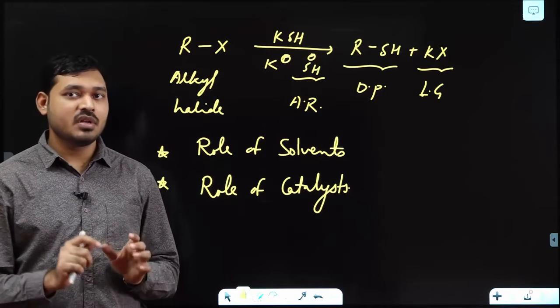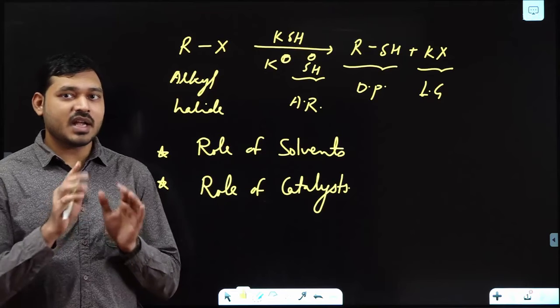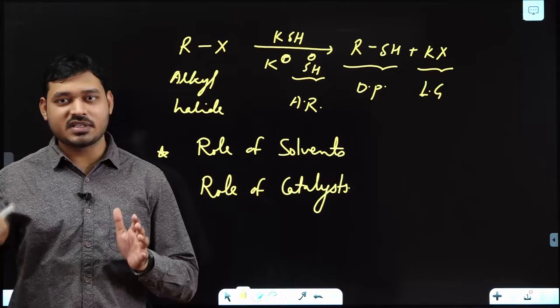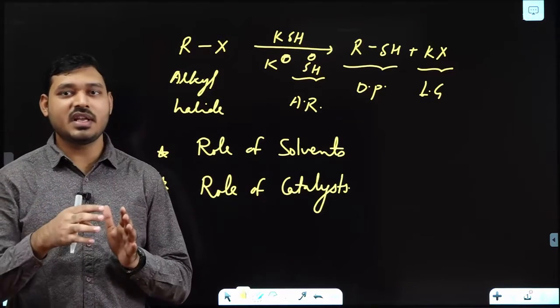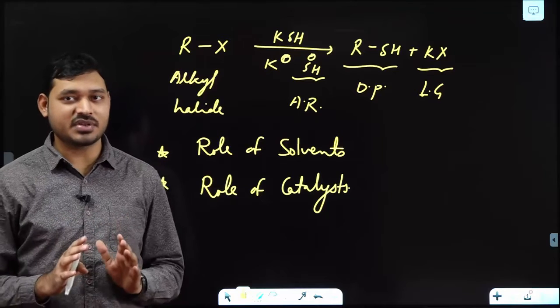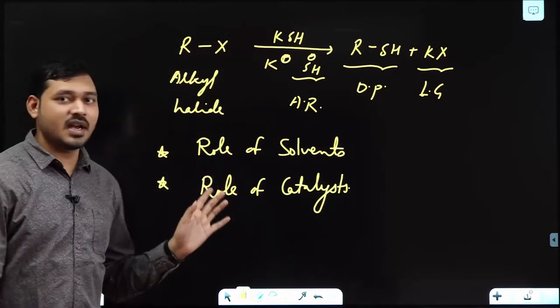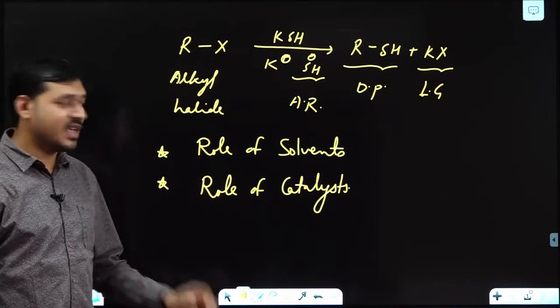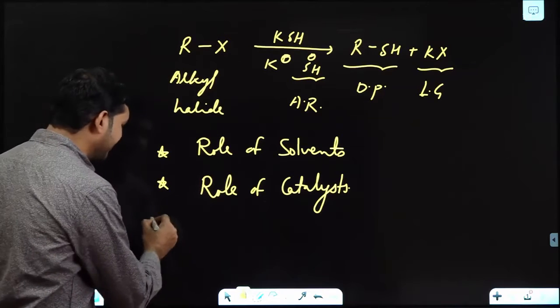Okay, now remember, the catalyst is also defined as positive catalyst and negative catalyst. A positive catalyst is one which increases the rate of reaction, while a negative catalyst is one which decreases the rate of reaction. Okay, so we need to understand for all the reactions what is the role of catalyst in those reactions. Clear?